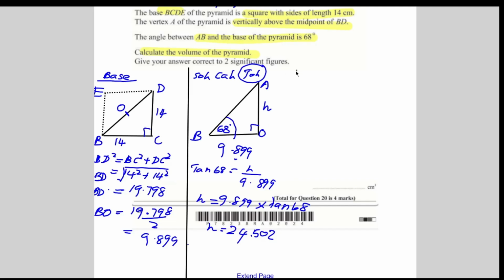Now we can straight away get the volume. So let's get the volume now. Volume equals 1/3 base area, which is 14 into 14, into perpendicular height, which is 24.502.